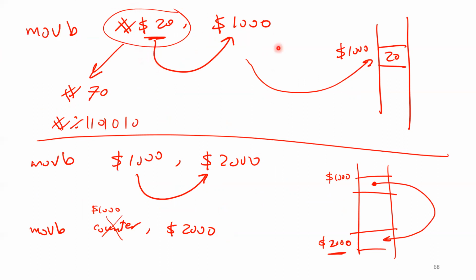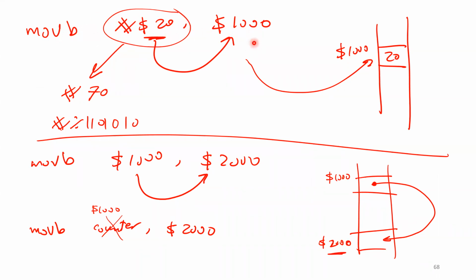So anyway, look here, guys. I'm going to give you some examples. To understand this instruction, examples are very important. When I say move byte, you are going to copy a byte, and then you put hashtag 20, comma 1000.